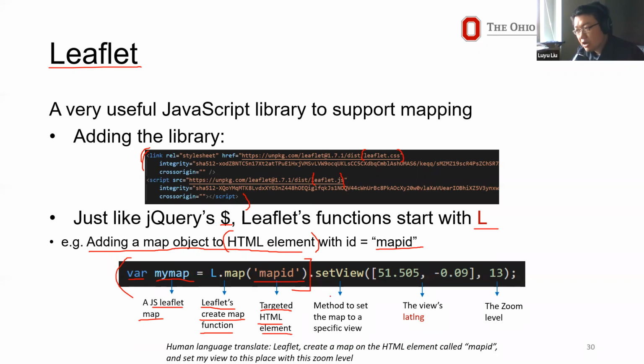This is all. However, there is another function here with which we can directly set the map to a specific view after the creation of these elements. Here we use two parameters. The first parameter is a list with two items, which is the view's lat, long. Remember, this is lat, long. Lat, the latitude, is the y.